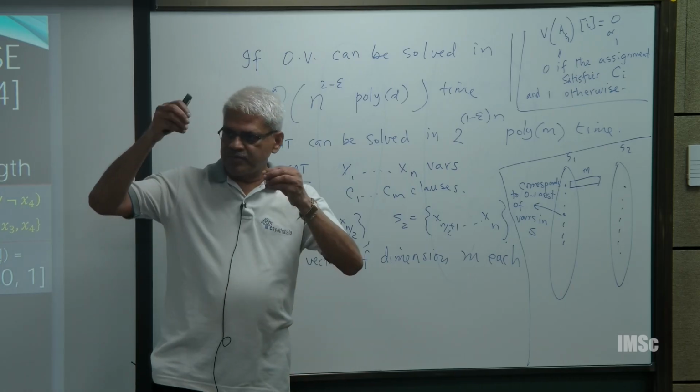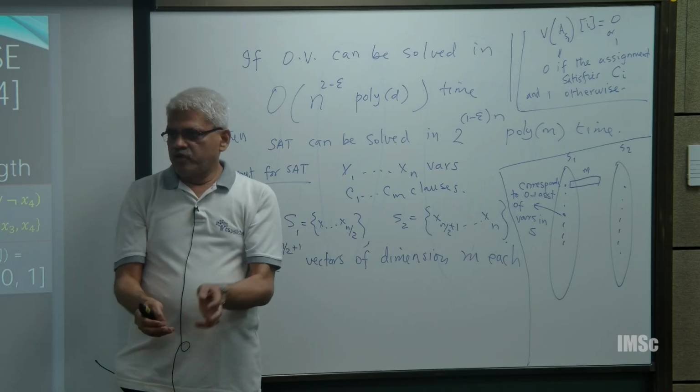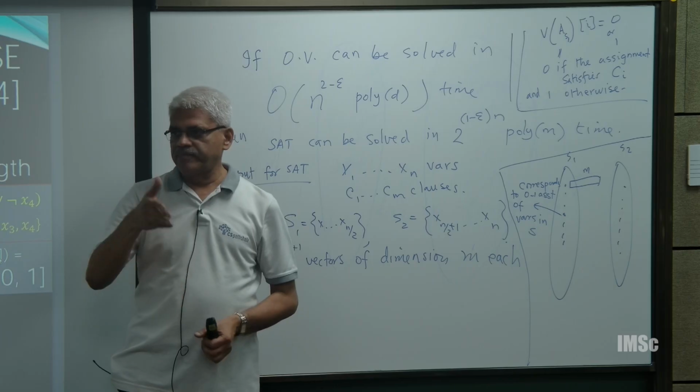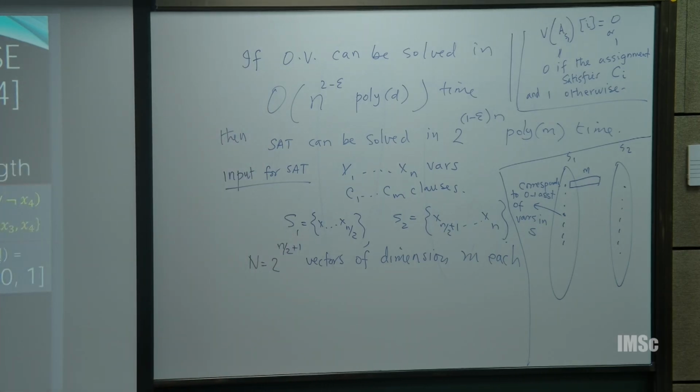Somebody asked me, what happens if I reduce to a polynomial time solvable problem? Then you would have shown the problem is polynomial time solvable if the reduction is polynomial time. But here let us understand now, how much time have you spent? So, the time you would have spent.